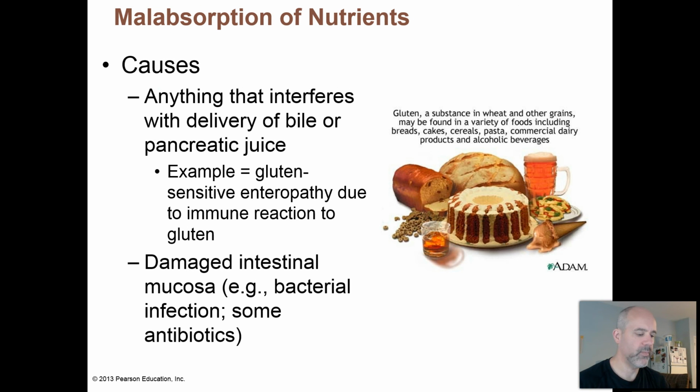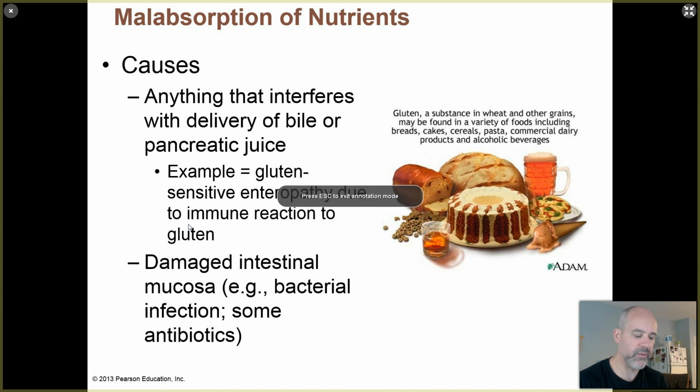All right, if you have a patient or know somebody with malabsorption of nutrients, that's simply going to be anything that's interfering with these processes of absorbing nutrients. And the causes: anything that interferes with delivery of bile, like if you have a gallstone, for example, or some other blockage of a bile duct, or liver dysfunction, where the liver's not producing enough bile.